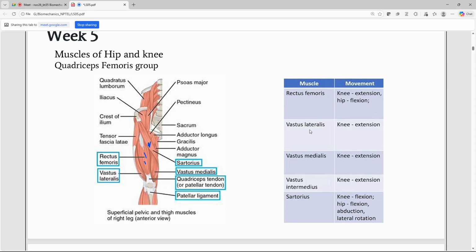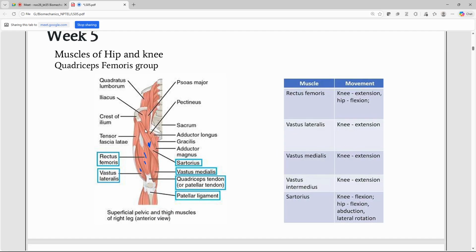Next is vastus lateralis, this one on the lateral side, that is the outside of the body. The inner side of the leg is vastus medialis, and in between there is vastus intermedius. These three muscles help in knee extension.